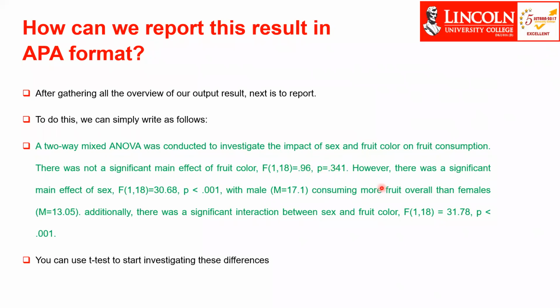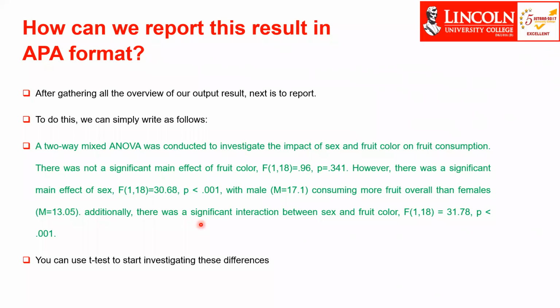However, there was a significant main effect of sex. Then you say F, then your degrees of freedom, then your P, which is less than 0.001, with males, the mean of males being 17.1, consuming more fruit overall than females, with a mean of this particular size.